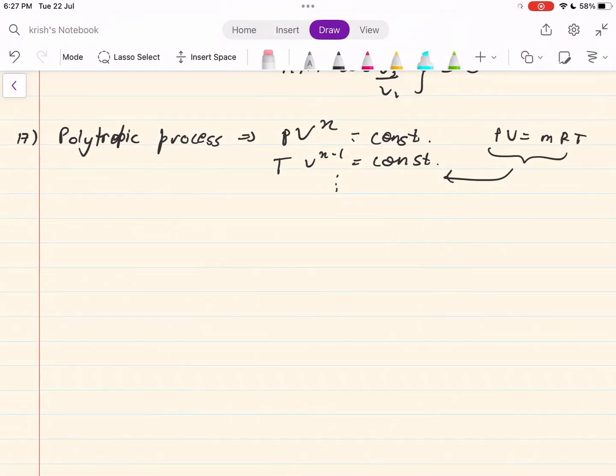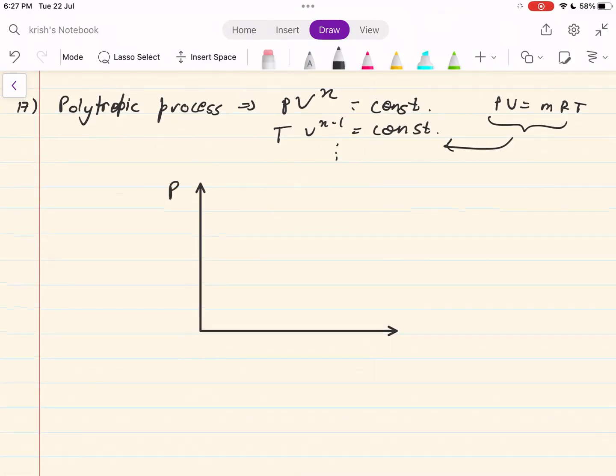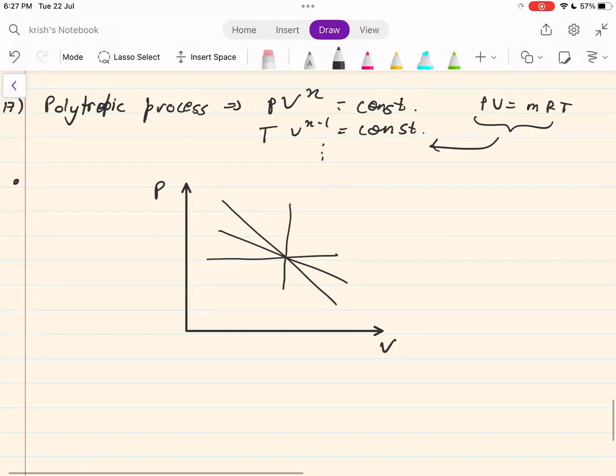On a graph, a polytropic process will look like this. This is just some extra info, you don't need to remember it. This is for x equals 1, x equals 1.4, x equals 0, and x equals infinity.